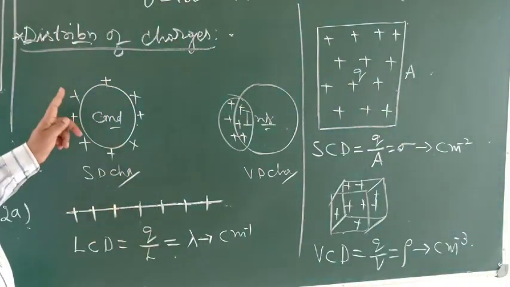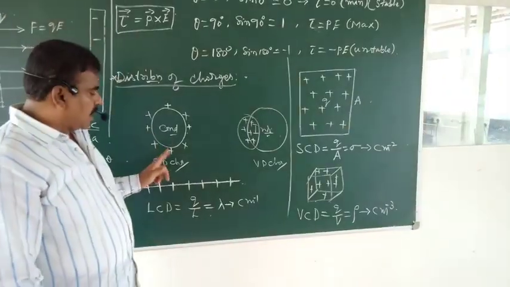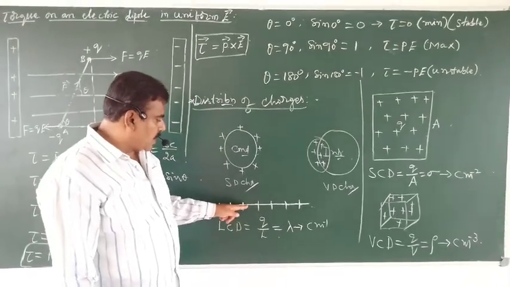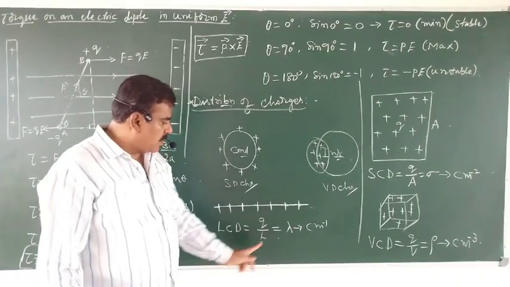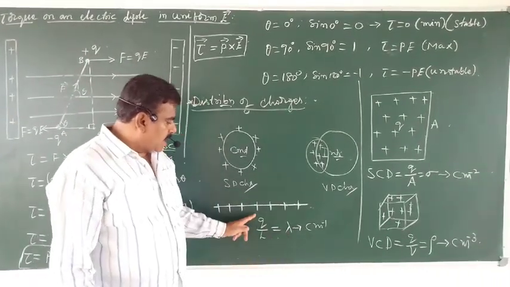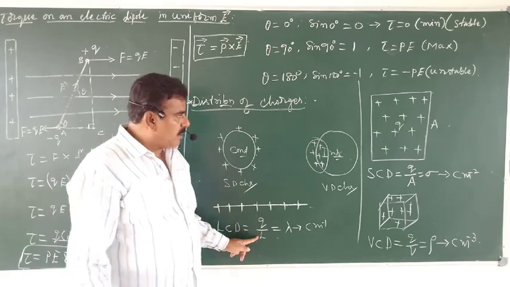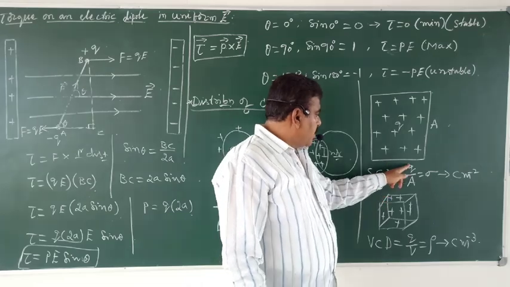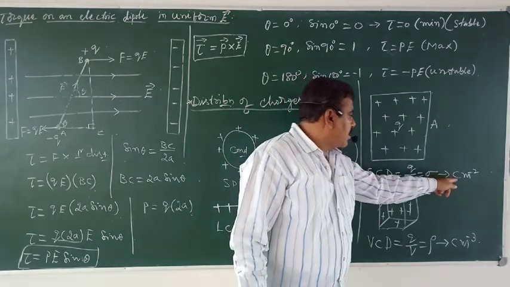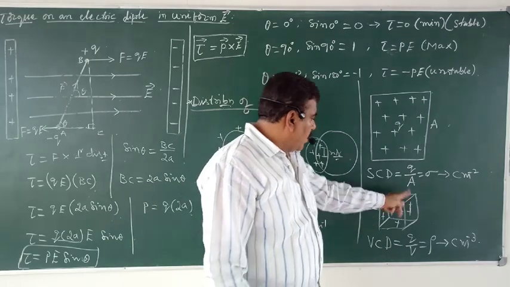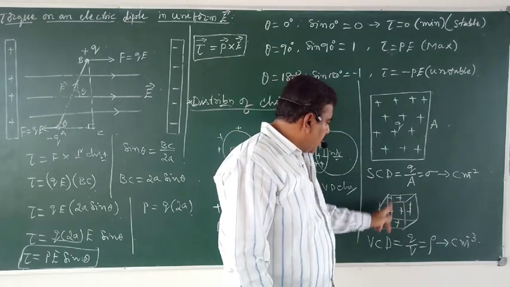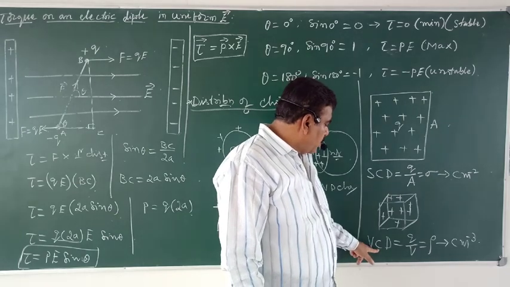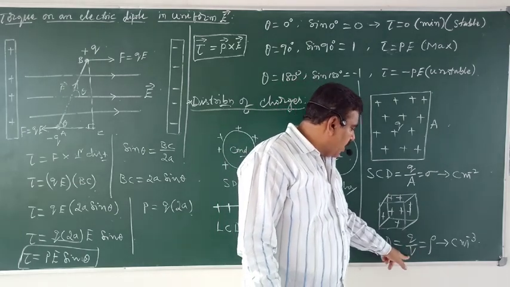Okay? So we know how charges are distributed when charges are given to a wire. To measure this, we introduce the concept of linear charge density, defined as charge per unit length. In a plane, charge per unit area is called surface charge density. In a volume, to measure the compactness of charge, we introduce volume charge density, charge per unit volume.